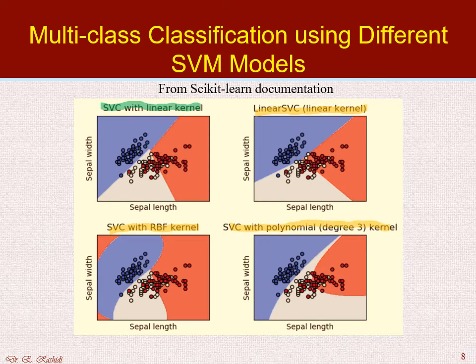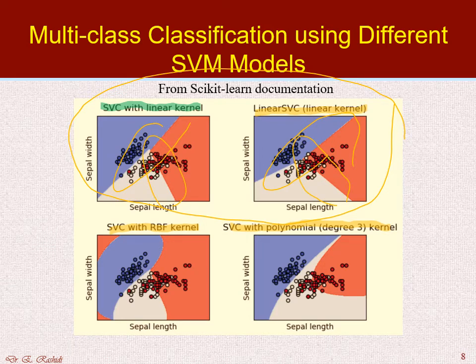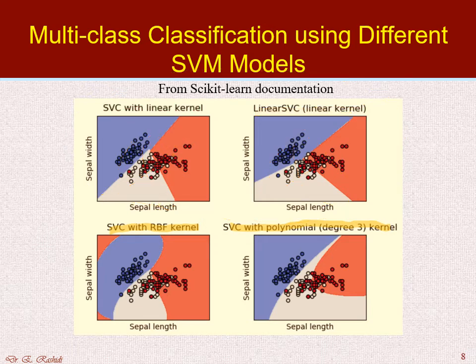As you can see, for the SVC with linear kernel and also linear SVC, if you look at this classification, these boundaries, or the split hyperplane, which are lines here, you see that these are straightforward linear.